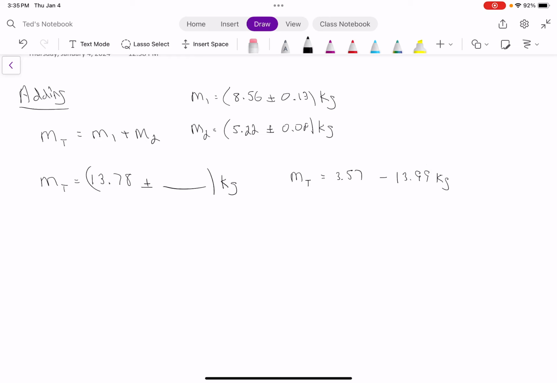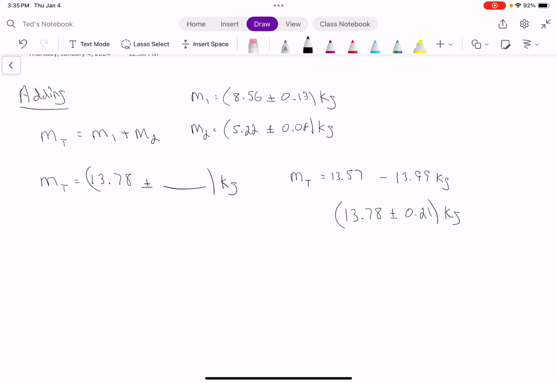We would say that is 13.78 plus or minus, 13.99 minus 13.78 is plus or minus 0.21 kilograms.